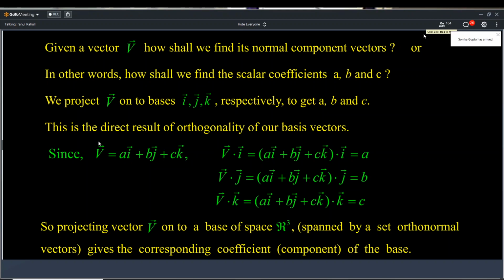It means you are projecting the vector V on i, you are projecting V on j, and you are projecting V on k. For finding the values of a, b, c, you are projecting the vector V on the respective basis, that is i, j, and k. This is the projection.